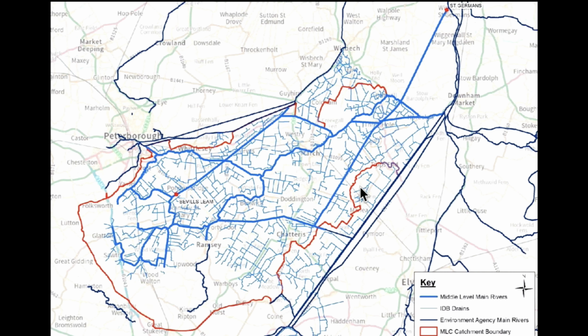The red line shows the catchment boundary of the middle level. And the middle level system is created with the thick blue lines. These are primarily the large embanked rivers that you see as you drive across the Fens. The smaller network of drains that you can see are small catchments which are then pumped up into the middle level system.